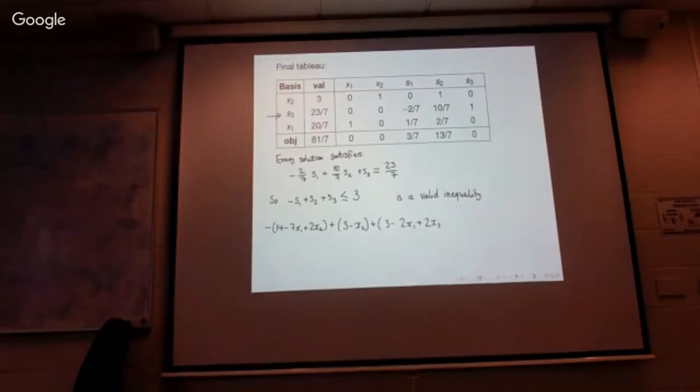So this is less than or equal to 3. And so what you're supposed to get from that is that 5x1 minus x2 is less than or equal to 11.